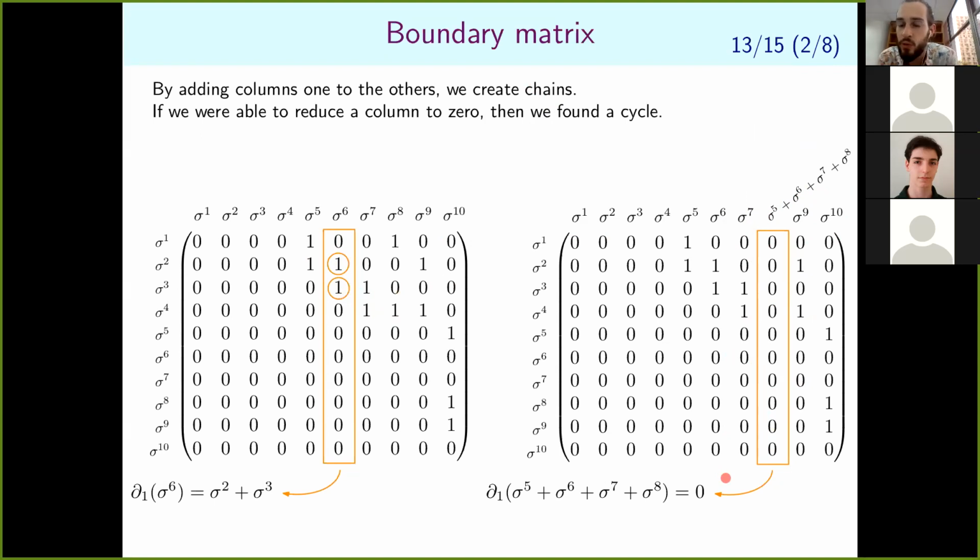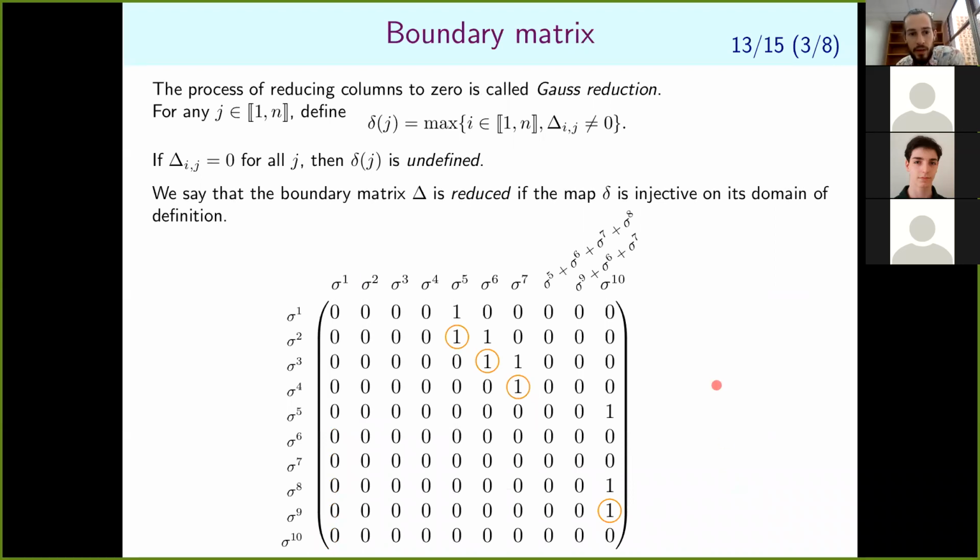So this way, we can try to find cycles, and this is exactly what we will do. We will reduce the matrix in order to obtain as many zeros as possible, and at the end, we will be able to understand the cycles of our simplicial complex. The process of reducing columns to 0, something you may know already, is called Gauss reduction.